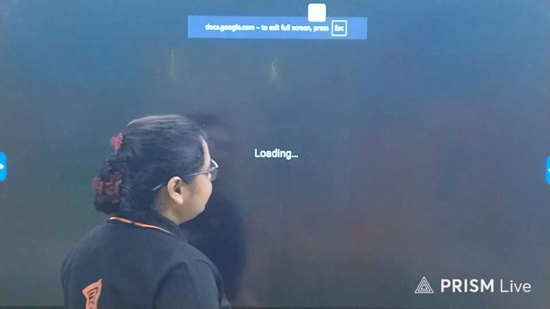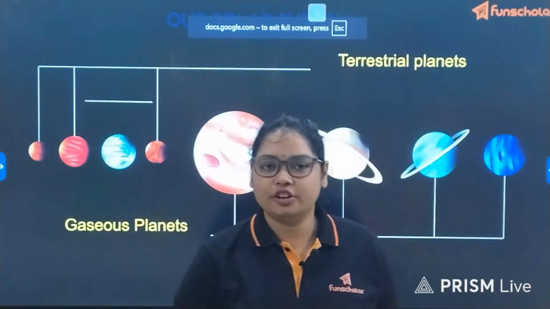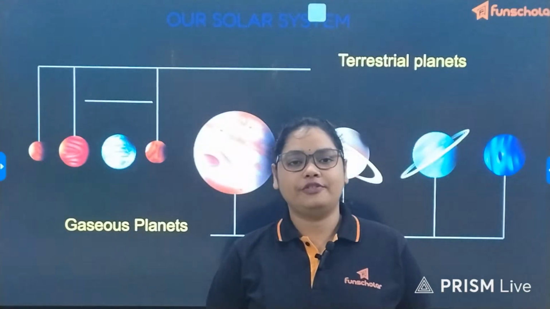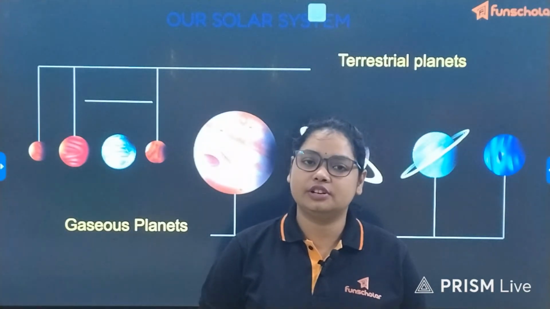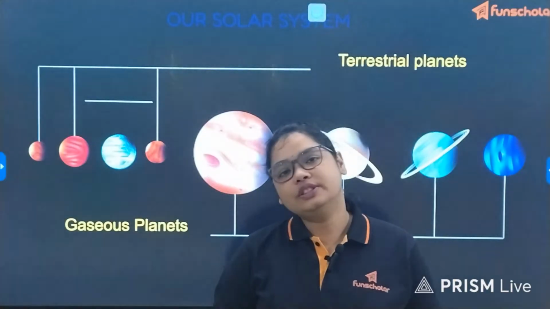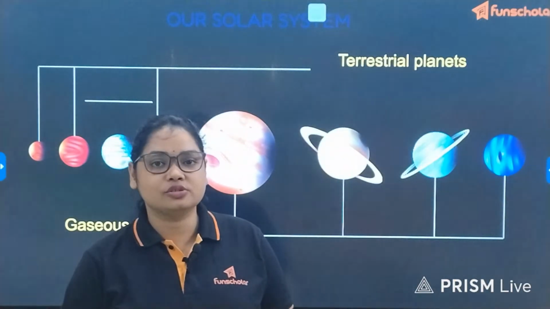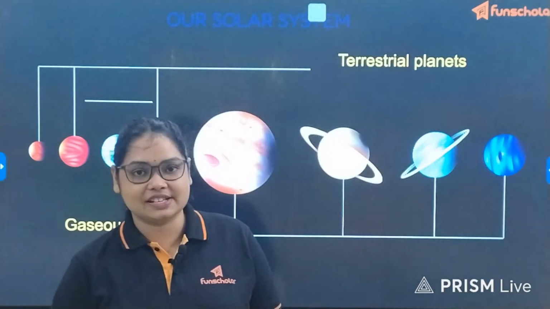Quite interesting, right? So from this video, you have known about some of the basic properties of each of the planets of our solar system. I know that you have already known about the names of these planets from your lower classes.